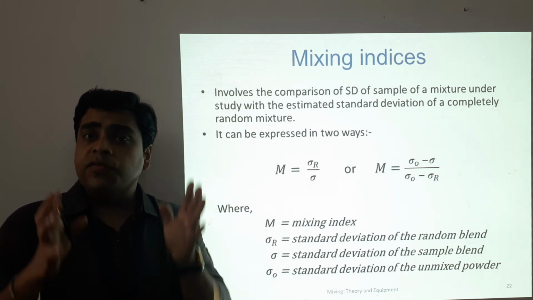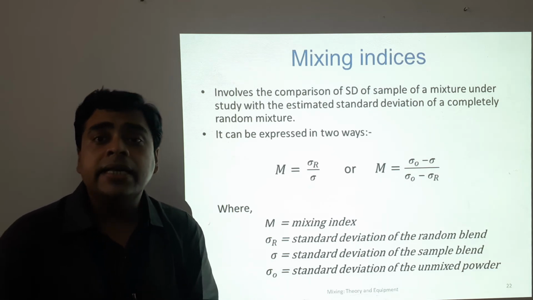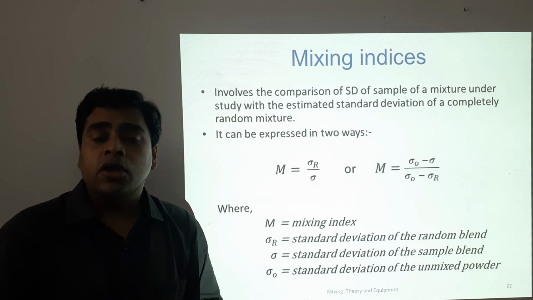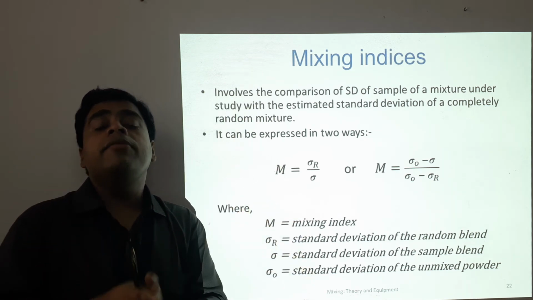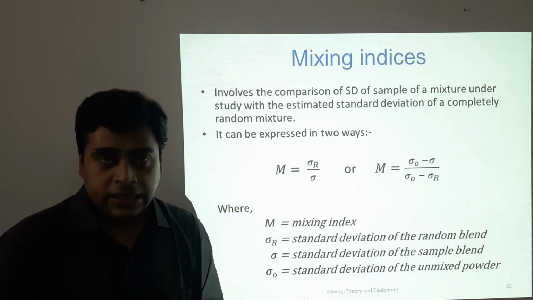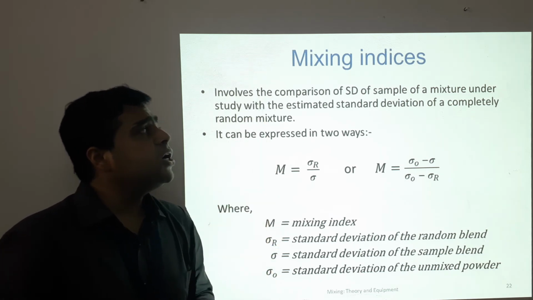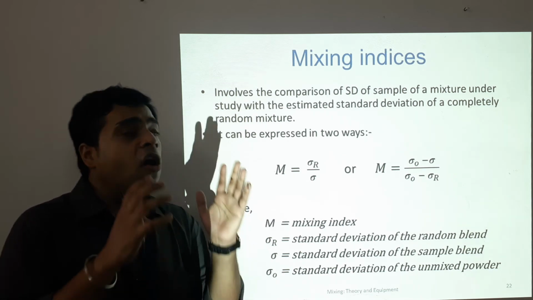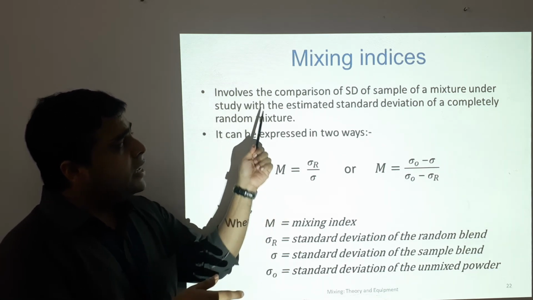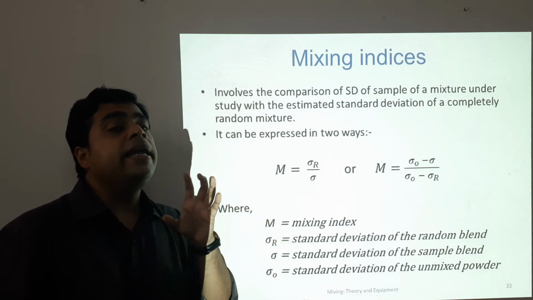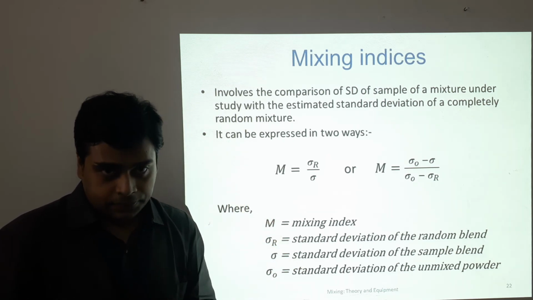Afterwards, from those random sample blends which are still going on, and also from the unmixed powder blend, we statistically calculate what the mixing indices are. So mixing indices involves the comparison of the standard deviation of a sample of a mixer under study with the estimated standard deviation of a completely random mixer.